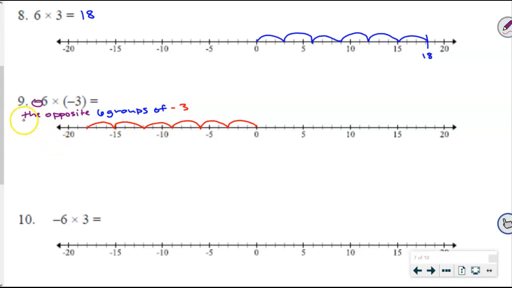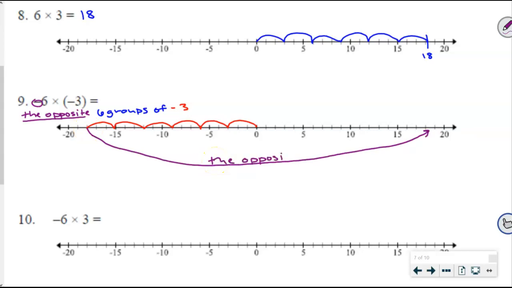But now I can do the opposite. I finished with that last part. The opposite of a -18 is a +18. So the opposite of 6 groups of -3 ended up being a +18.